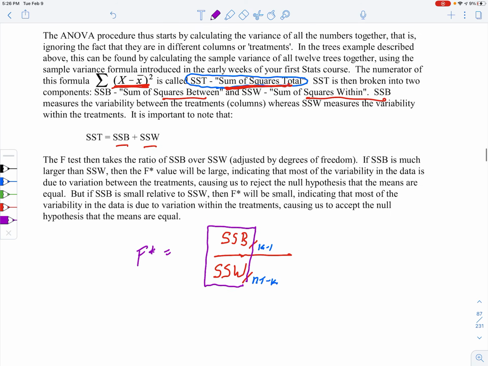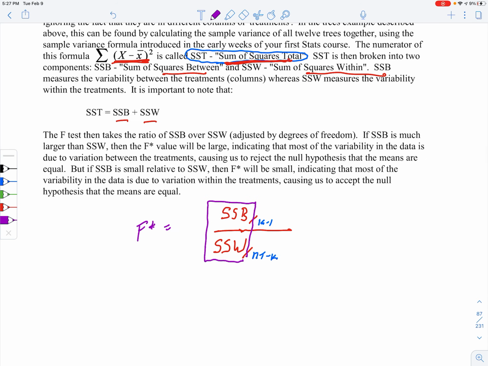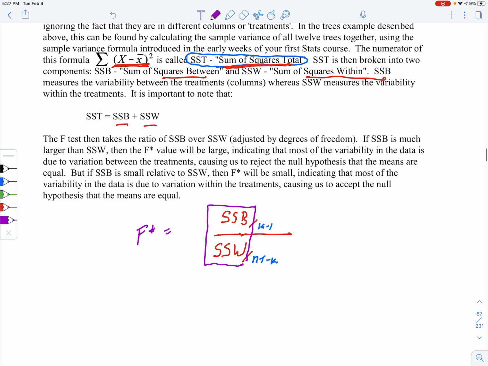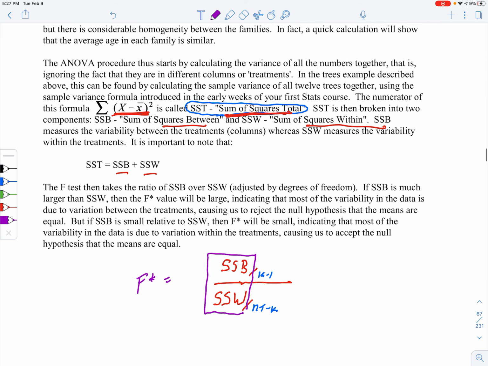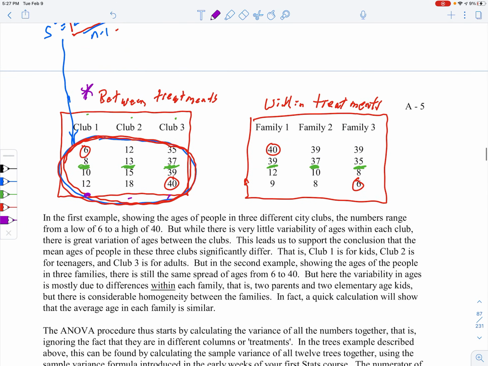Now, if SSB is much bigger than SSW, which is what we would have in this case, where the major variation is explained by differences between the clubs, not within the clubs, with very little variation within each club but a lot of variation between the clubs, then you're going to get a really high F star value.